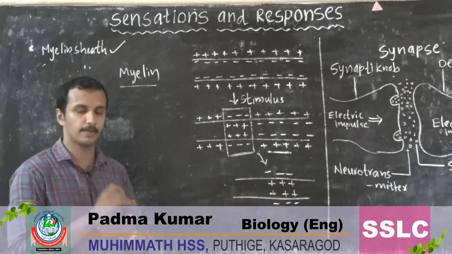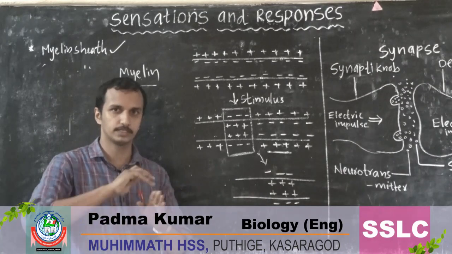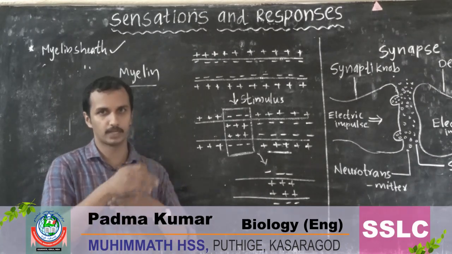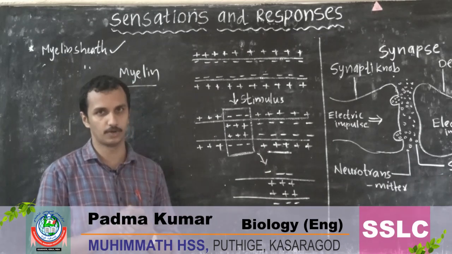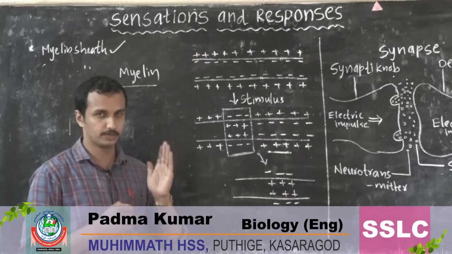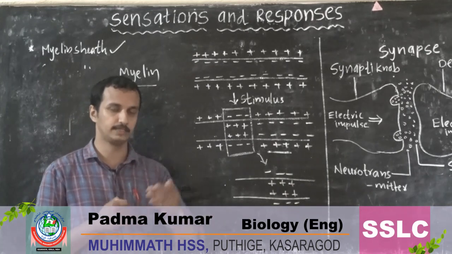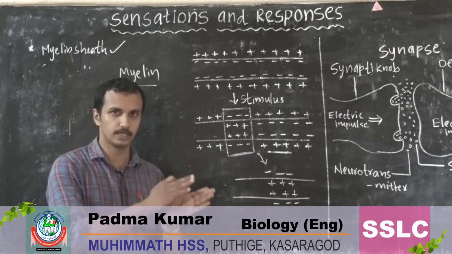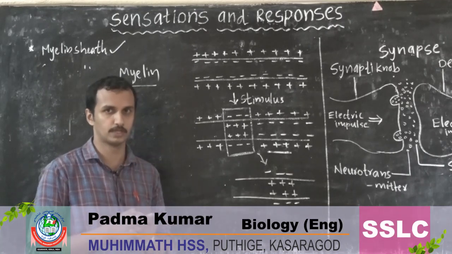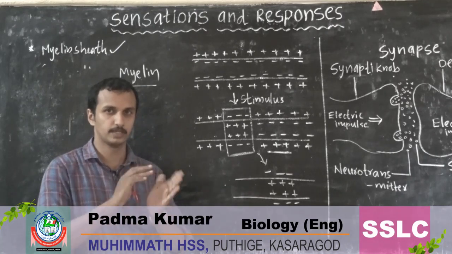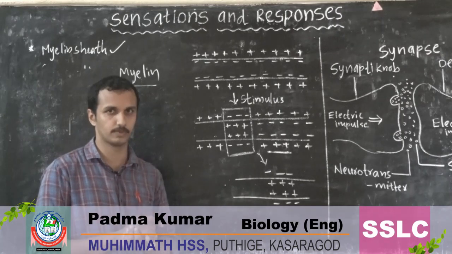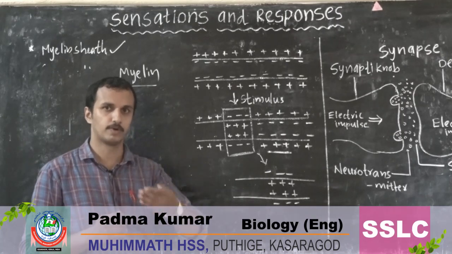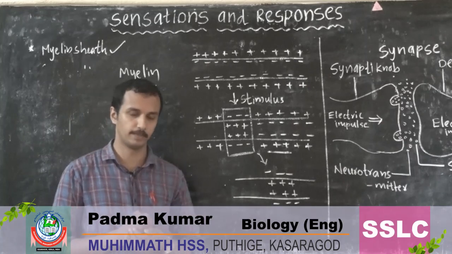We call it a myelin sheath because it is continuously wrapped around the axon region of a neuron. Here we have to discuss how this myelin is formed, where it is usually found, and how we can classify the different regions of the brain. Next, we also have to discuss the functions performed by the myelin sheath.